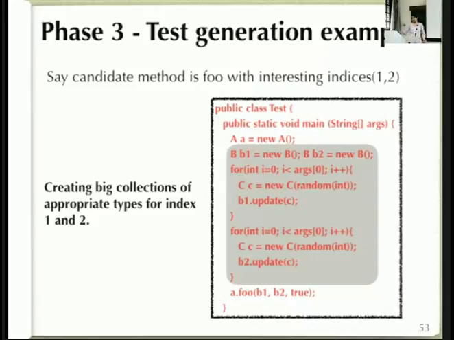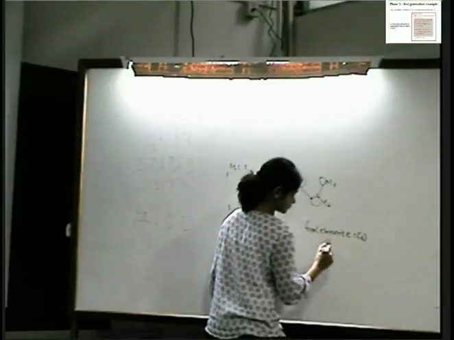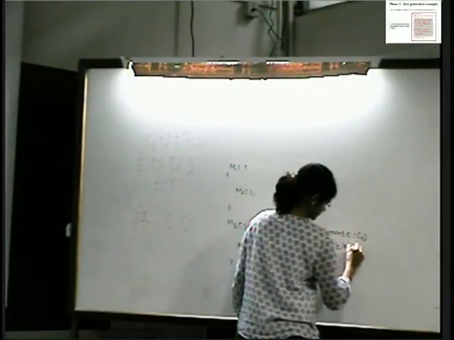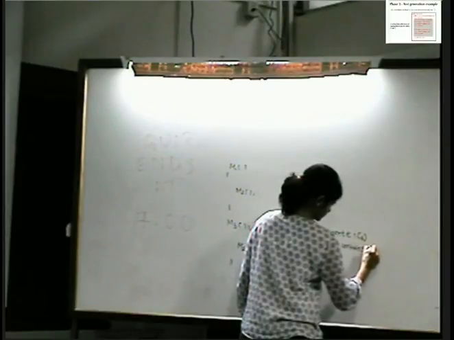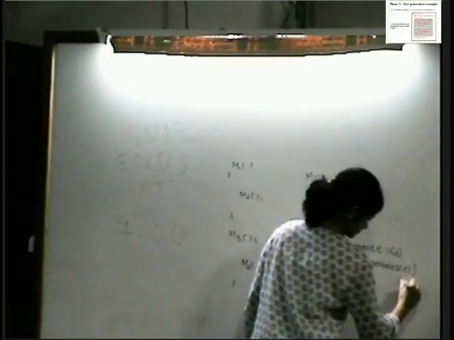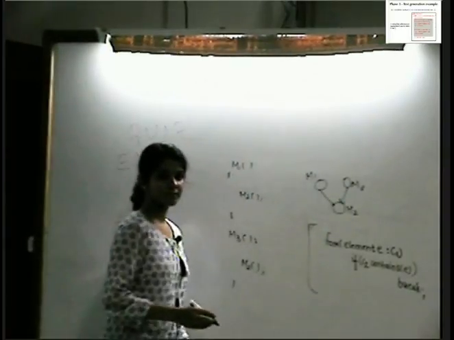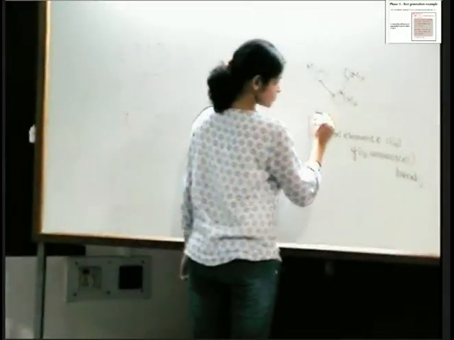I have a question for you. Okay, so this is some method and the parameters are, suppose, C1 and C2.